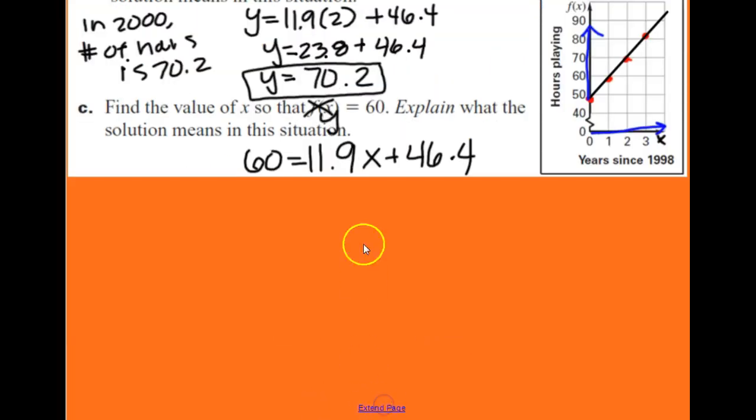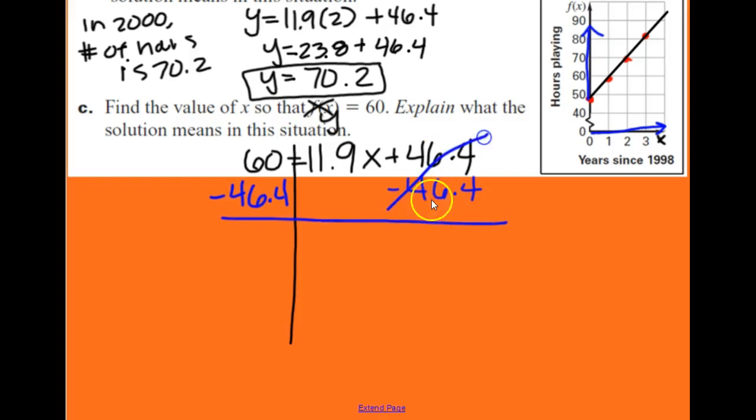Let's solve for x. I'm going to subtract 46.4, and those are gone. We have 11.9x. In my calculator, 60 minus 46.4 gives me 13.6.